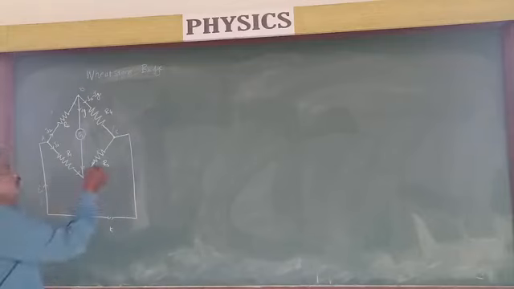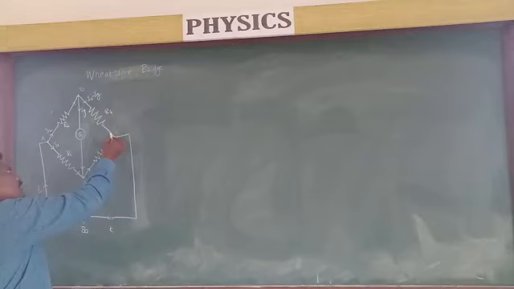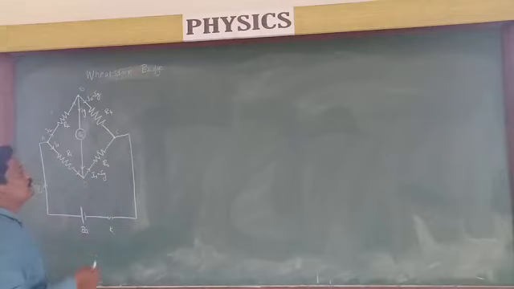Now again come to the point C. C is again a junction because three conductors are connected. Here one current, I2 minus Ig, is entering, and another current, I1 plus Ig, is entering.